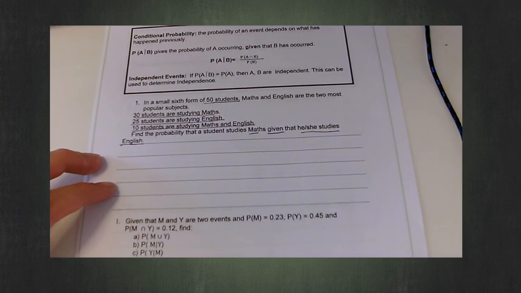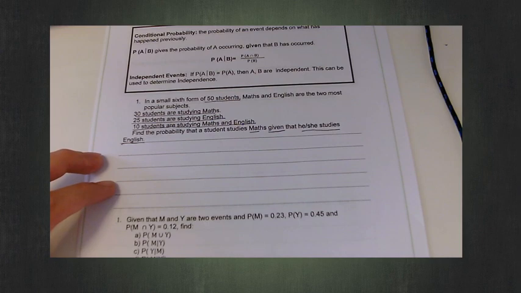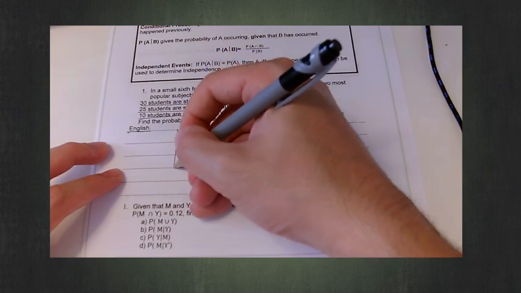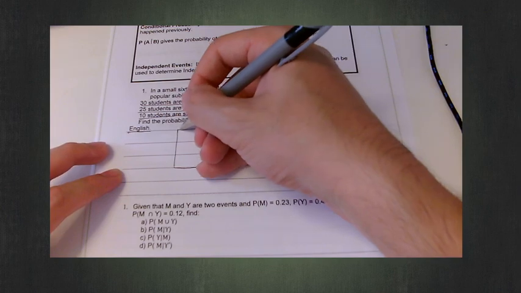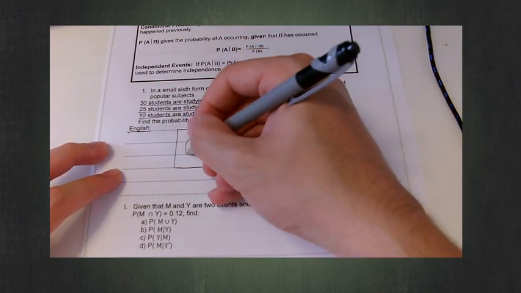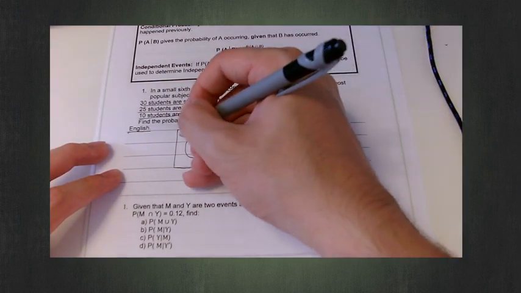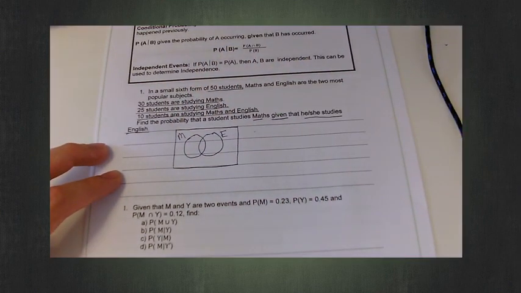Right, looking at this, I can see that there's going to be a Venn diagram situation here, because we've got overlapping events. So I'm going to draw a Venn diagram. Maths, English. Okay.